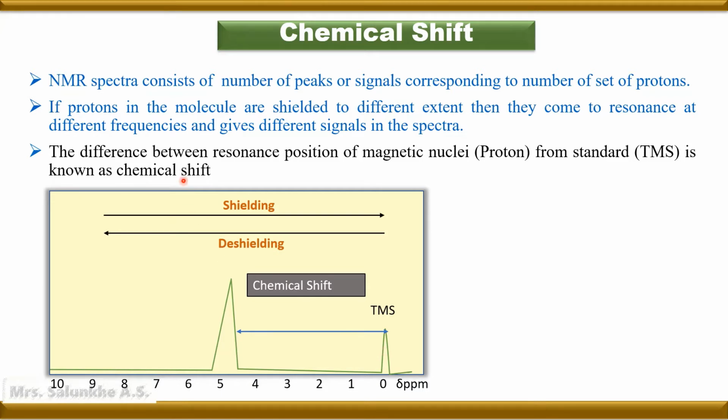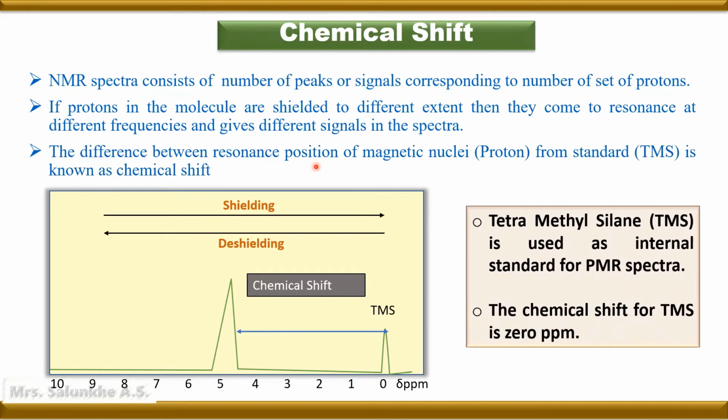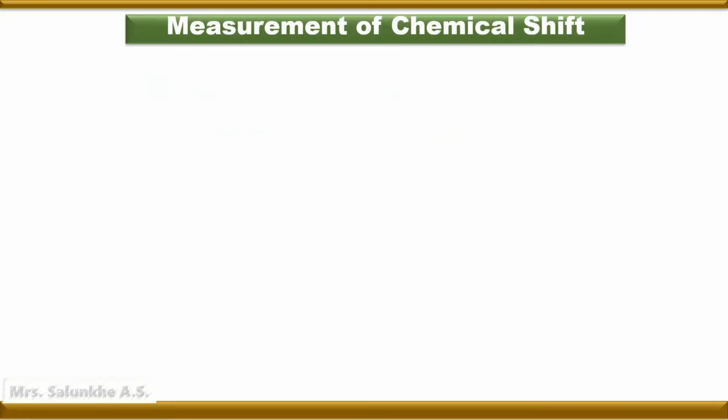That is, the difference between the resonance position of magnetic nuclei and the standard used, TMS, is known as chemical shift. In case of PMR spectroscopy, tetramethylsilane is used as internal standard and the chemical shift value for TMS is assigned as 0.